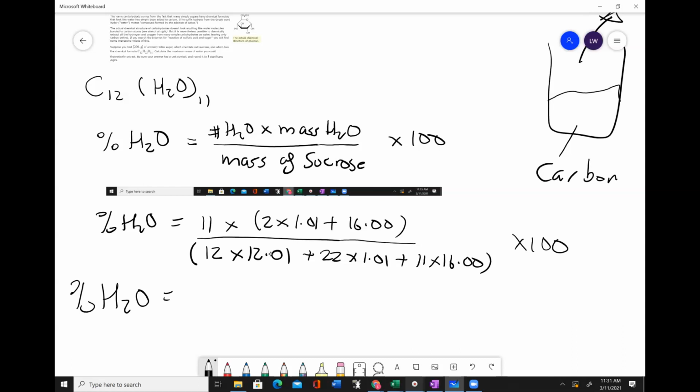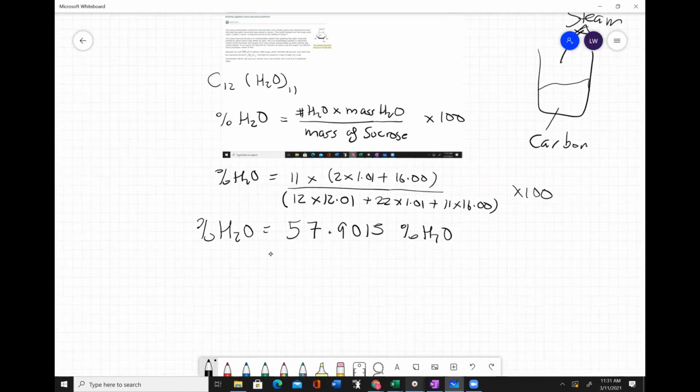Now, your percentage should be less than 100. So you know you've got it wrong if you get a number bigger than 100. So it ends up being 57.9015% water. So what do we know that a percentage means?